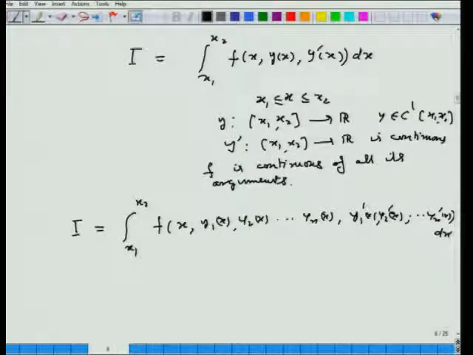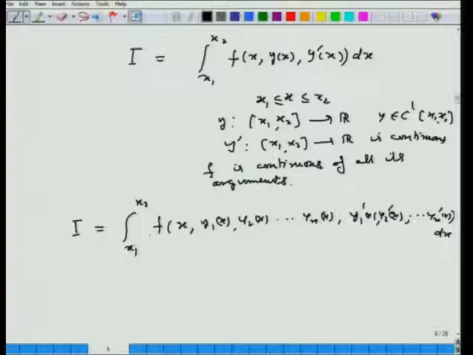So this is the generalization of this. So this can be treated as a particular case of the more general problem, where again you have y1, y2, yn from the admissible class, and the derivatives should be continuous in order for this integral to exist as a Riemann integral.